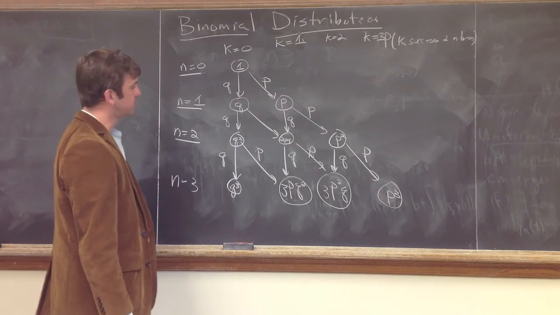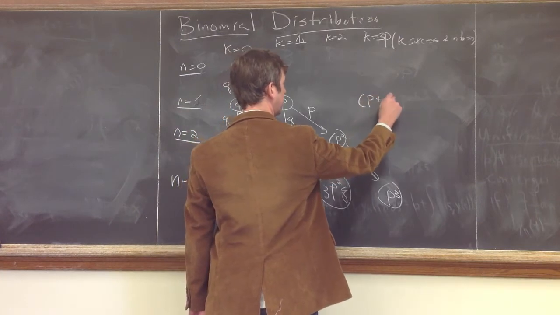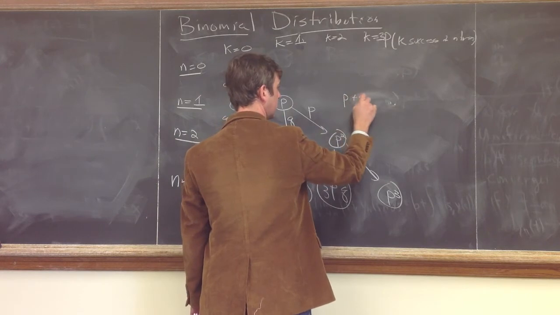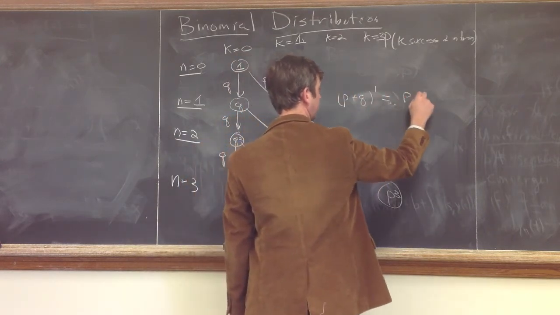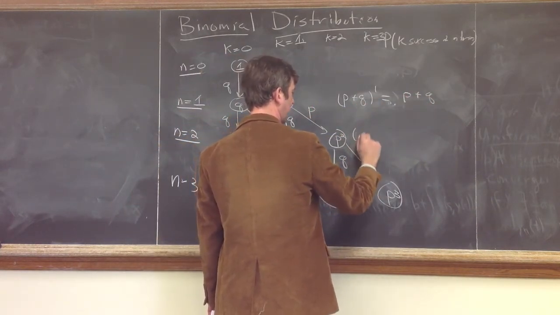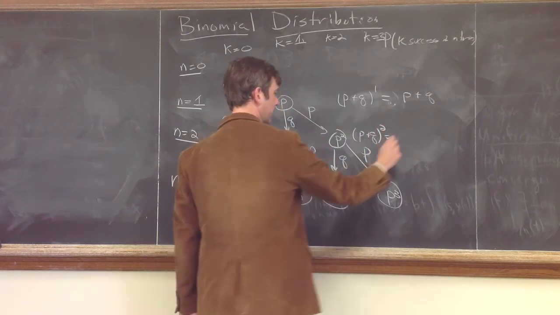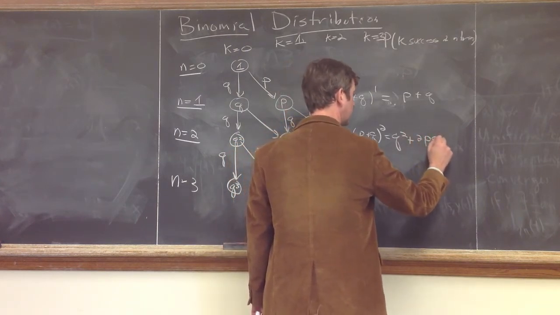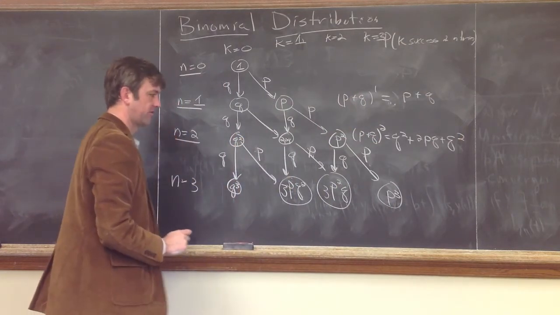Now it's also useful to note that we can think of this as just the expansion of p plus q. Write that out, p plus q to the first. That's just equal to p plus q, which you notice is the terms I have here. And now if I think about p plus q squared, if you square that out, you get q squared plus 2pq plus p squared, which is exactly the terms I have here with exactly those coefficients.